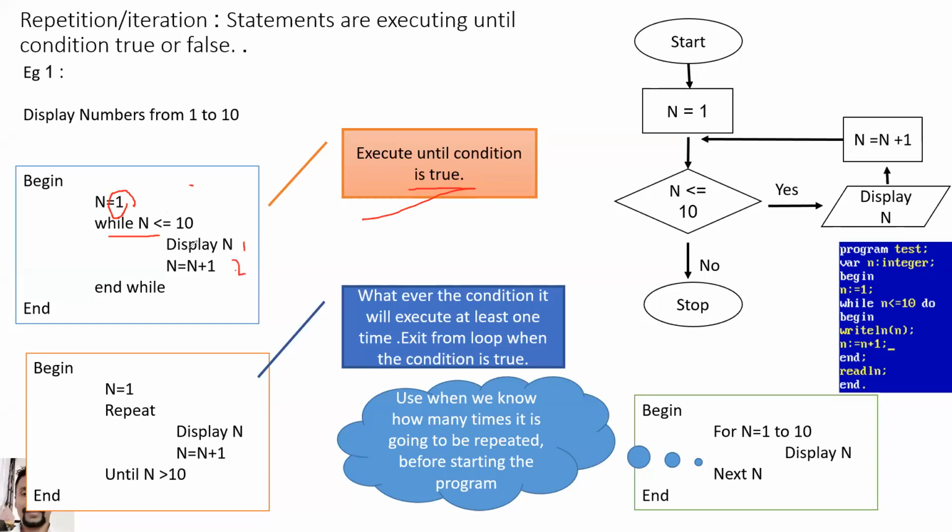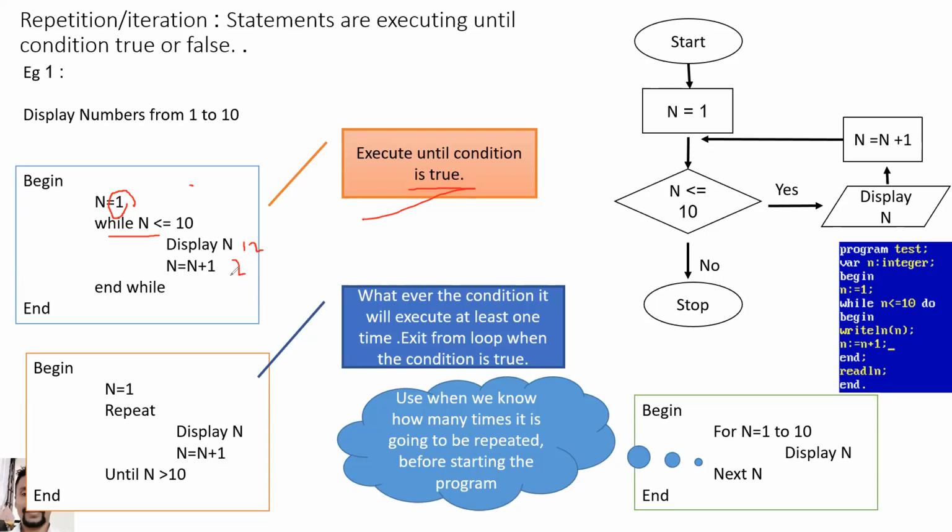Then again it checks 2 less than or equal 10, yes. Then it displays 2, then n plus 1, and so on. It goes up to 10, and when it comes to 11, it will exit from the loop. That's how it is working.